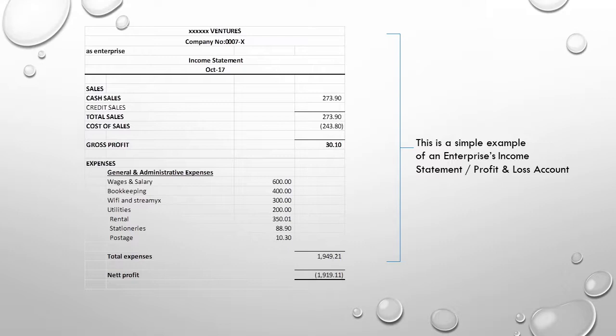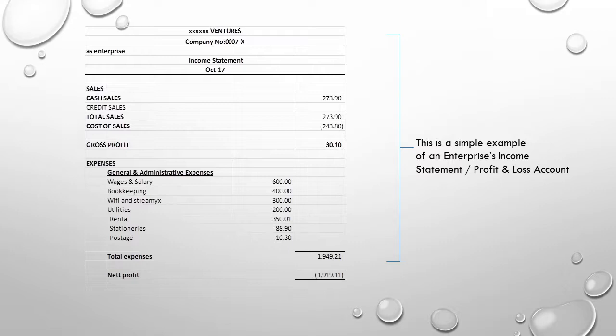So you just need to know all the cash is lumped on top. You have your cash sales and credit sales. You add them up, then you get your total sales. The cost of sales, remember from the previous slides, cost. These are all items and the cost that we have to incur on the items that we need to sell. So these are considered as cost of sales.